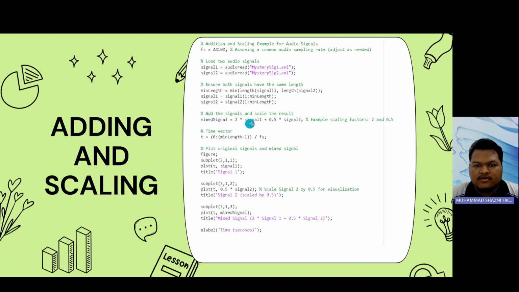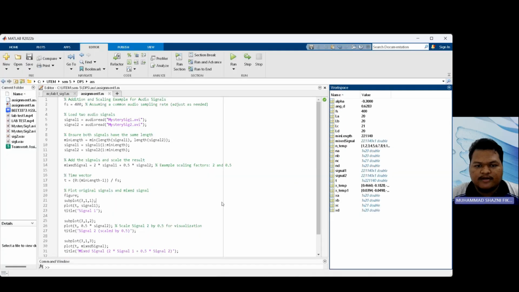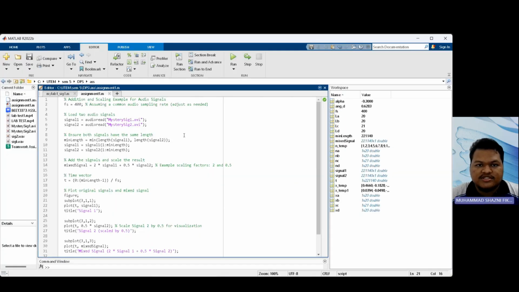We mix signal 1 and signal 2 and scale the result using scaling factors of 2 and 0.5, using time vector t equal to 0 to minimum length minus 1, divided by fs. We plot the original signal 1, signal 2, and the mixed signal. Then go to MATLAB to see the result.